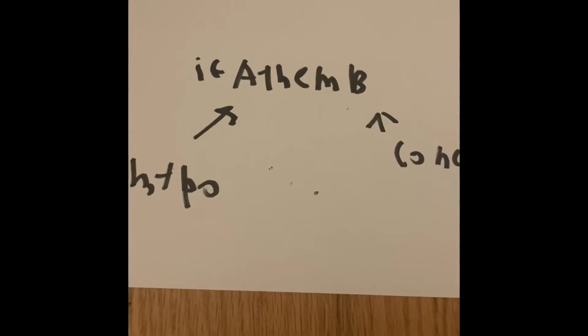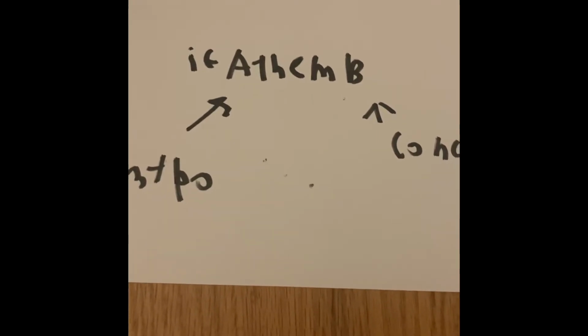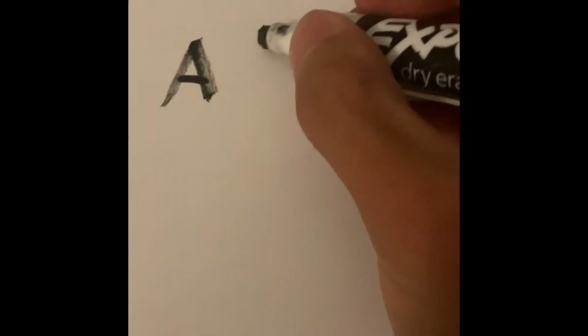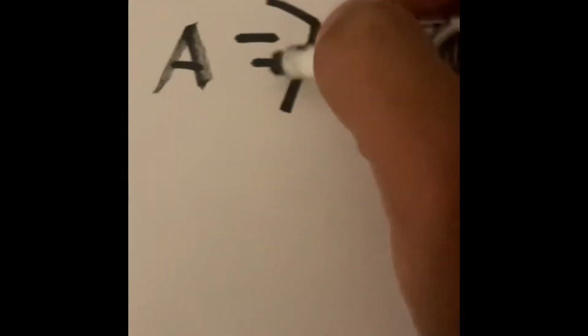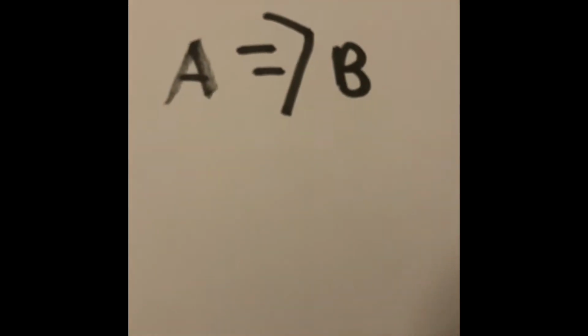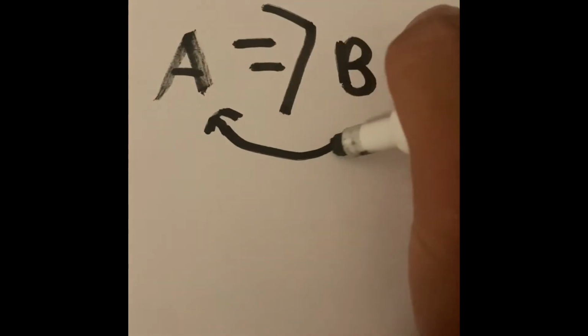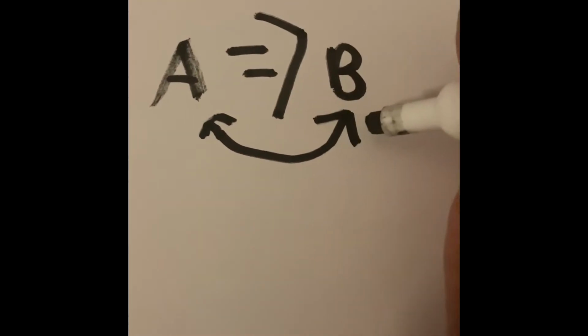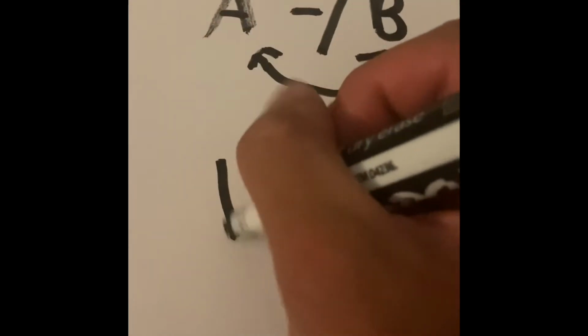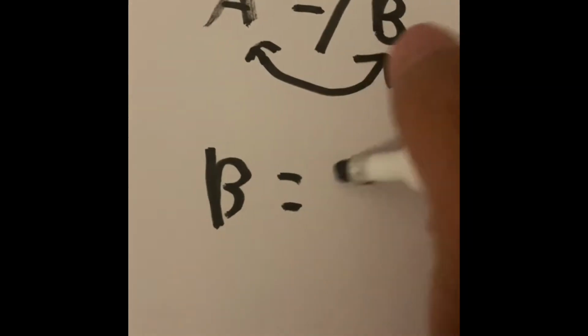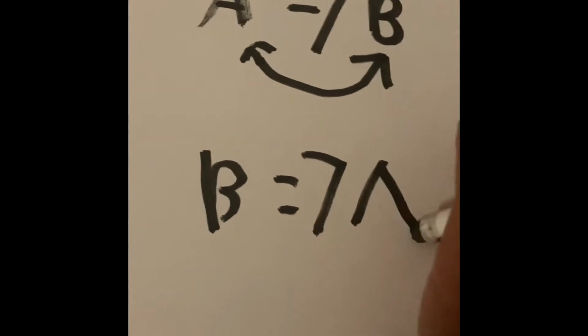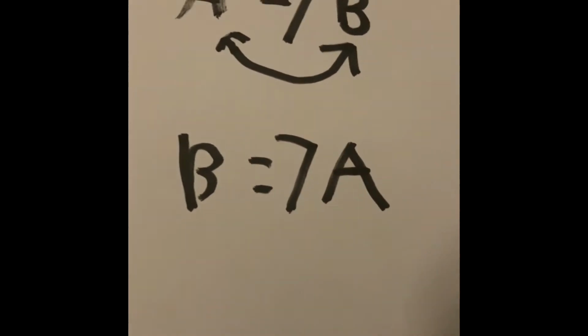If we originally said if A, then B, then A brings you to B, and the symbol right here means it brings you to B. However, if you wanted to find the opposite, or the converse, then both of the events will be switched around. So B would bring you to A. Condition B will bring you to condition A.